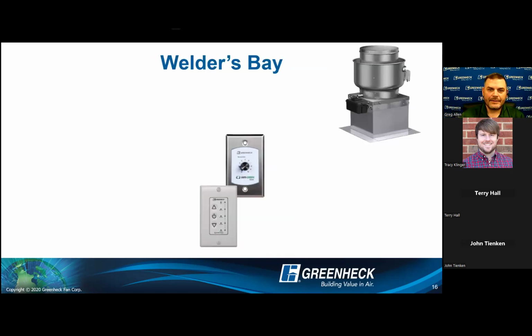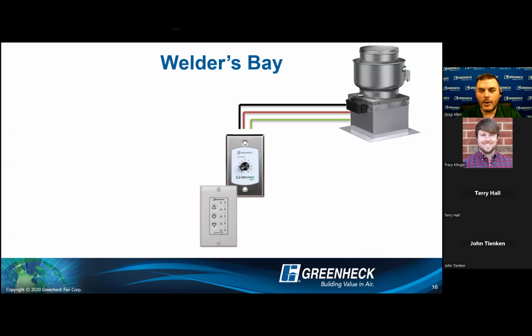All right. Right off the bat, I'm going to start off with a real simple application. I've got a welder's bay. We have a person, welder helmet. They're doing their job. They have a need for exhaust. Well, sometimes the most simplistic controls are actually exactly what you need. That welder doesn't likely need 10 different criteria to define the speed of the fan.